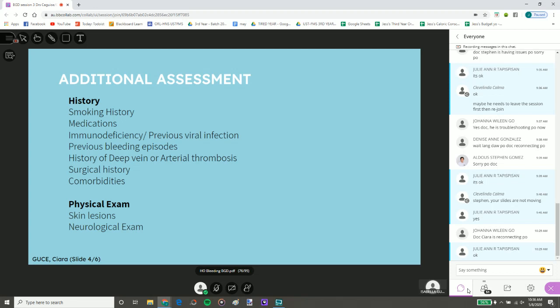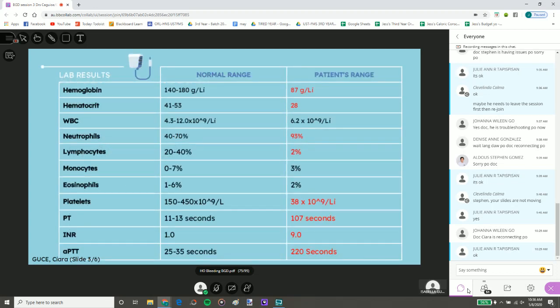So going back to the lab results of our patient, he presented with low hemoglobin and hematocrit, presenting as anemia with neutrophilia, lymphopenia, a very low platelet count with a severe thrombocytopenia, and prolonged PT, INR, and APTT.